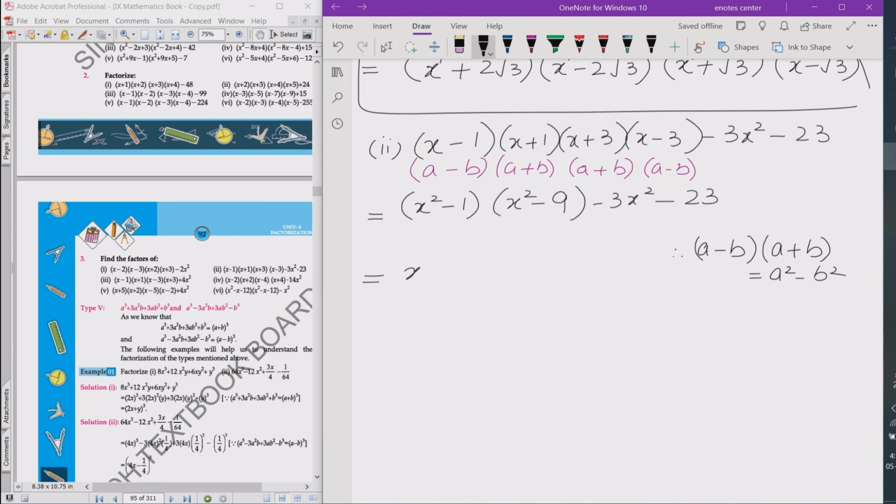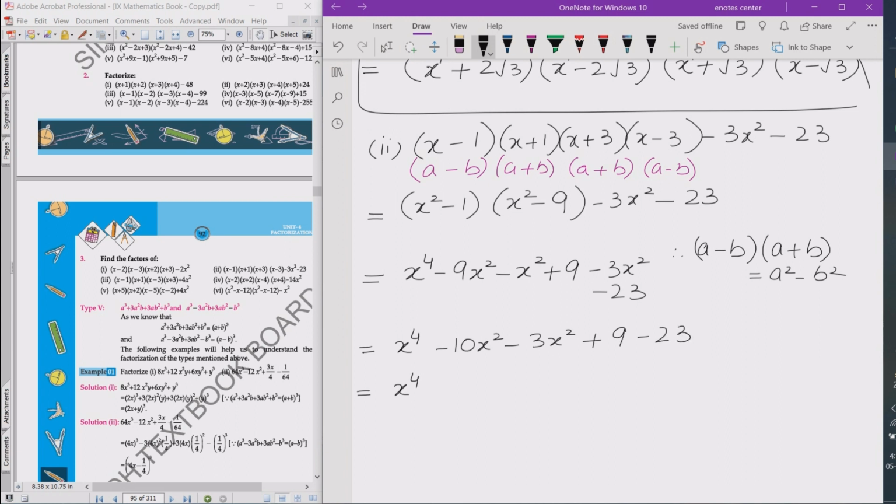Now we will multiply: x to the power 4, minus 9x square, minus x square, plus 9, minus 3x square, minus 23, right? Now we have x4 minus 10x square minus 3x square plus 9 minus 23.